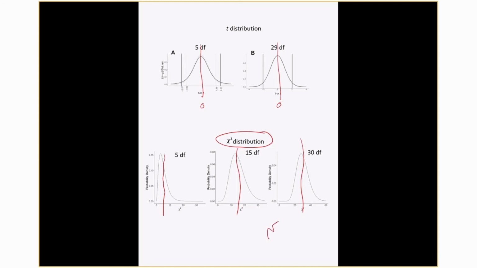The second difference is that the t-distribution is symmetrical, whereas the chi-square distribution is asymmetrical. And so we'll stop there.